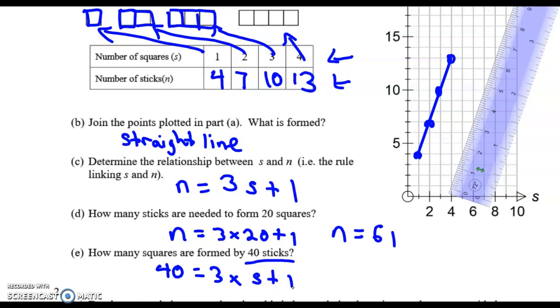To solve this equation, we'd subtract 1 on both sides. So we get 39 equals 3 times s. Divide by 3 on both sides. You would get 13 equals s. So s, the number of squares rather, would be 13.